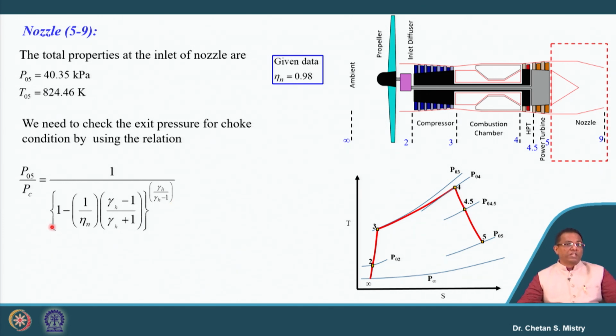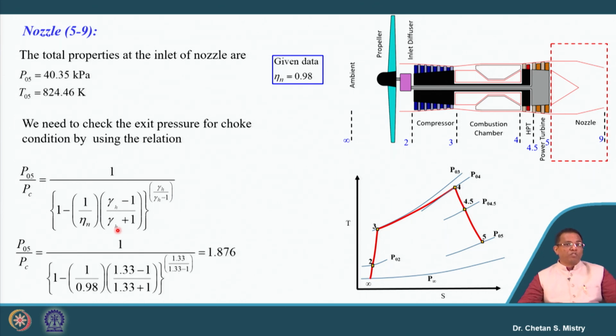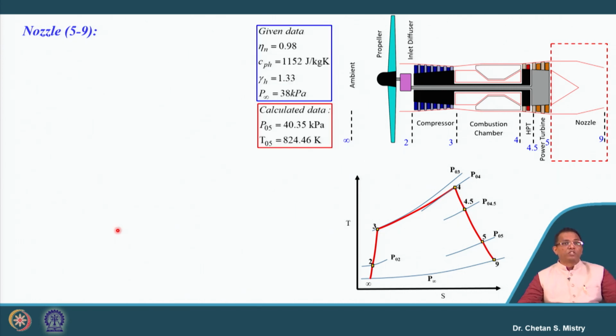So here in this case, my critical pressure ratio is given in terms of nozzle efficiency. This nozzle efficiency is given 98%. Gamma value for the gas is given 1.33. Based on that, we can calculate the critical pressure. This critical pressure is coming to be 21.5 kilopascal.